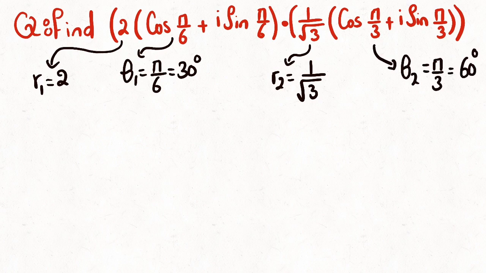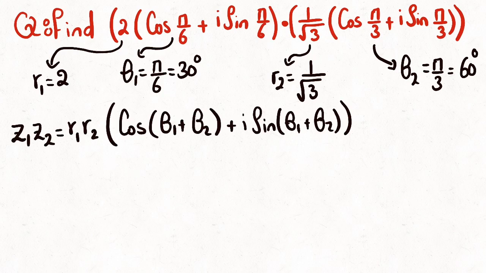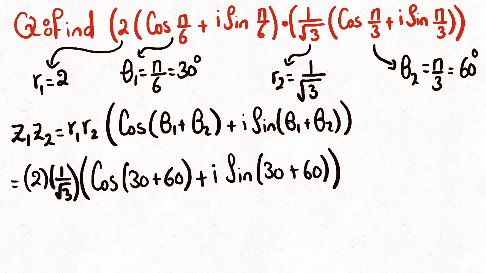Now, to apply the product, the rule says z1 z2 equals r1 r2 times cosine of theta 1 plus theta 2 plus i sine of theta 1 plus theta 2. All you have to do is replace the values, simplify the expression as you can see, and find the final answer.